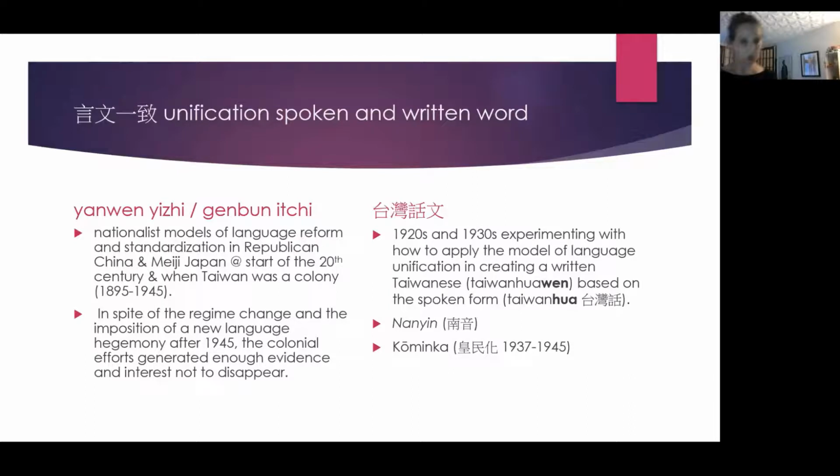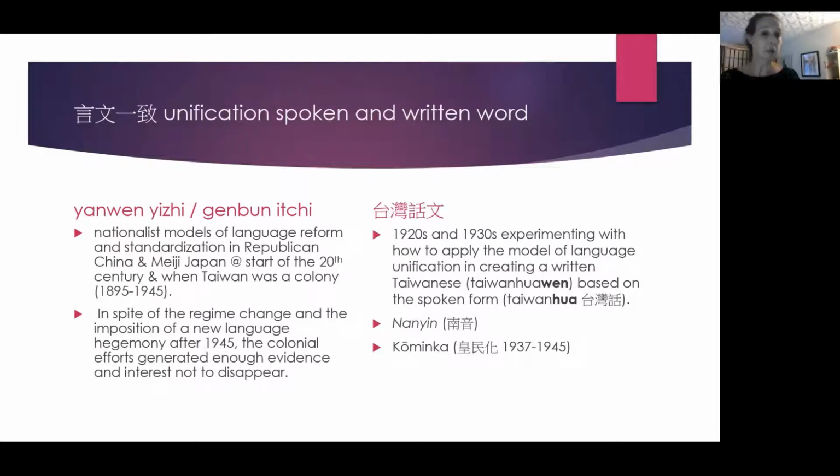So how can we apply this model to the language situation and the language planning policies in Taiwan in particular? Then we have to go back to the context of nation building, which actually goes earlier.